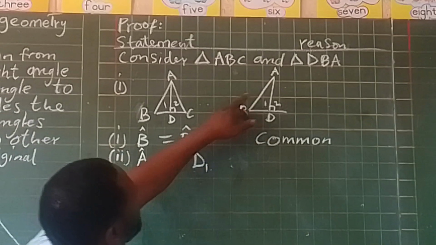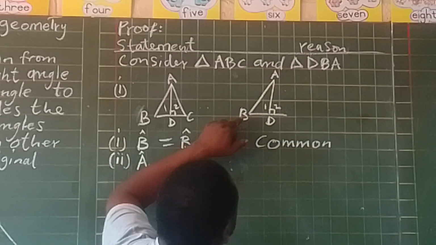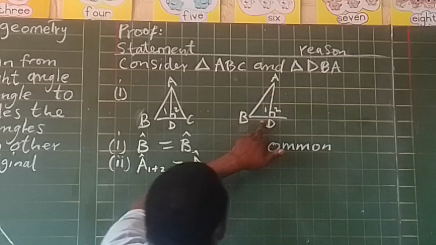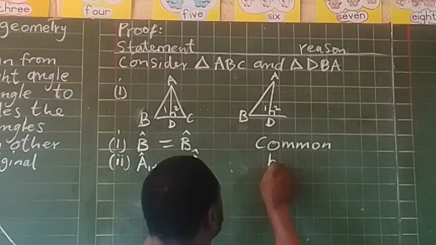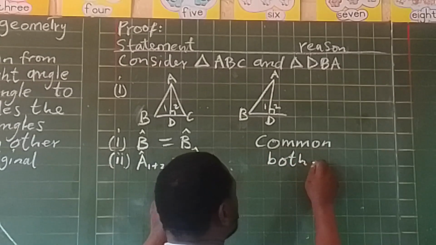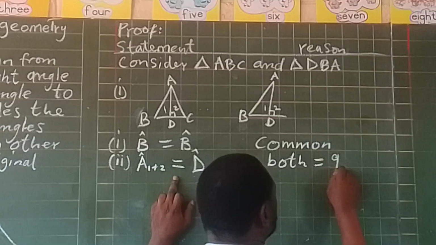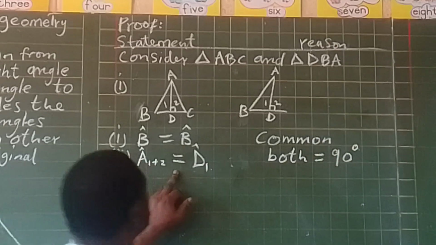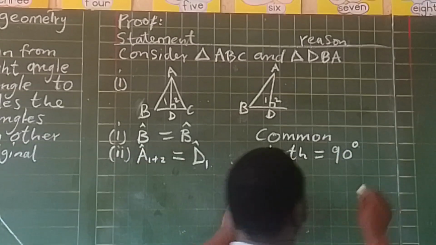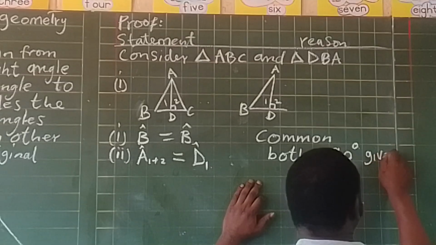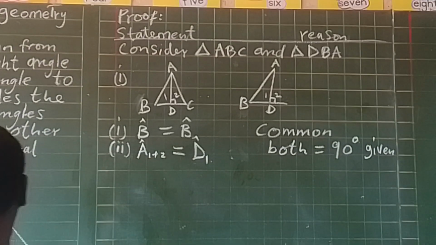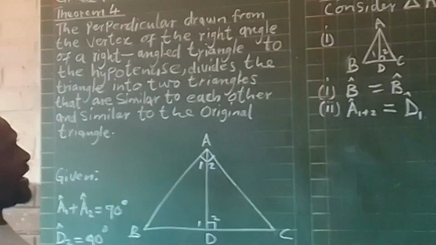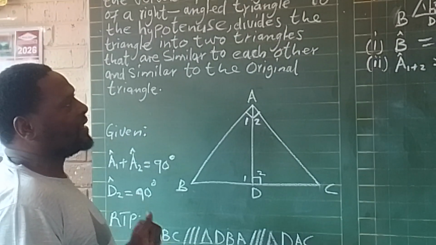This D1 is in triangle DBA. So we have D1 here, which is 90 degrees. The reason is both are equal to 90 degrees. We were given that A1 and A2 here is 90 degrees and D2 is 90 degrees.